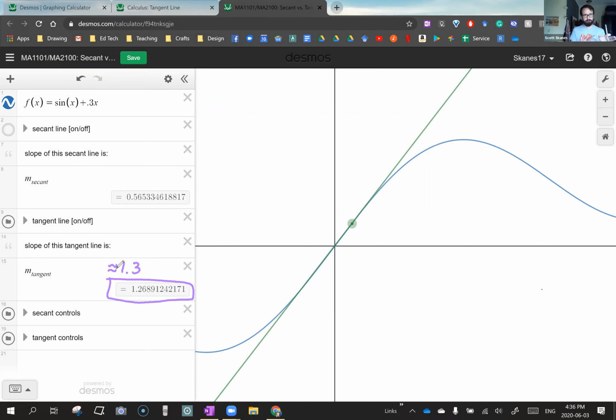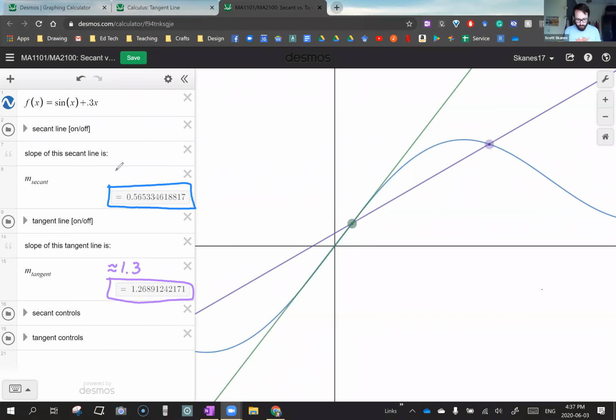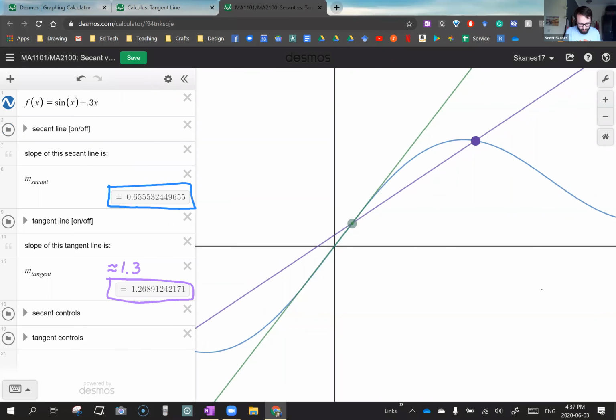Visually, you can see that. I'm going to draw a secant line. Right now, look at the secant line here. The slope of the secant line is not 1.3, so I can do better. I'm going to move the second point, and it'll recalculate.